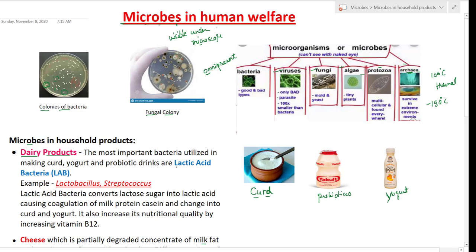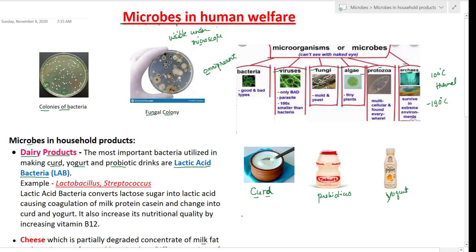What do these microbes do to the milk? Actually these microbes are lactic acid bacteria which we utilize in forming dairy products like curd, yogurt and probiotic drinks. What does the lactic acid bacteria do?